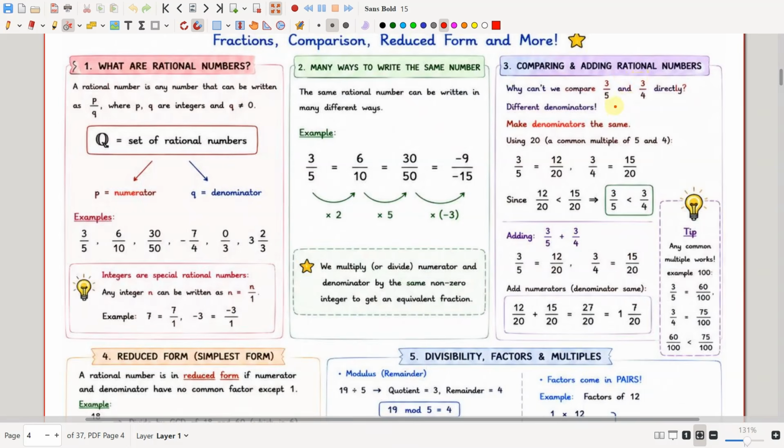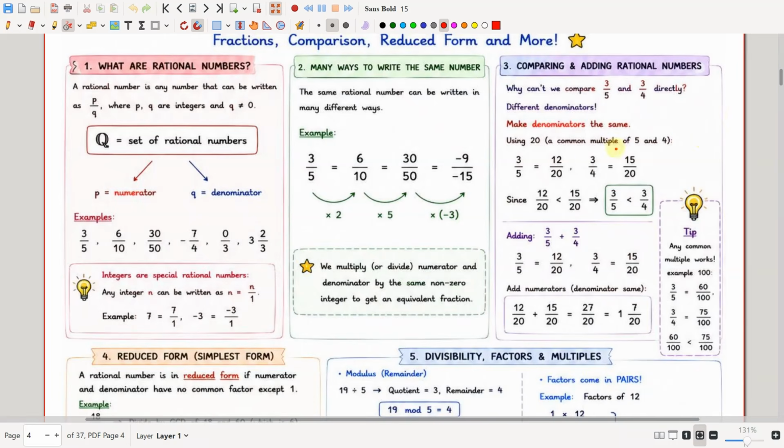While you are asked to compare two numbers like this, 3 by 5 and 3 by 4, you do not have to jump directly into solving this question. First of all, note this: the denominators are not equal, right? So you have to take LCM and find the common value.